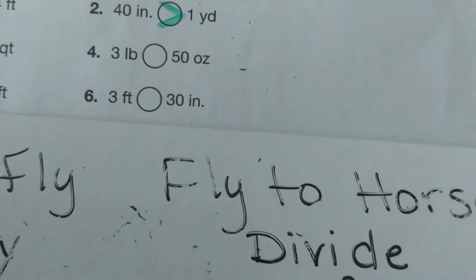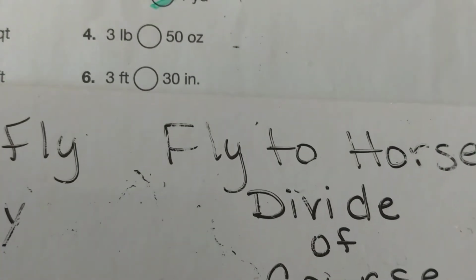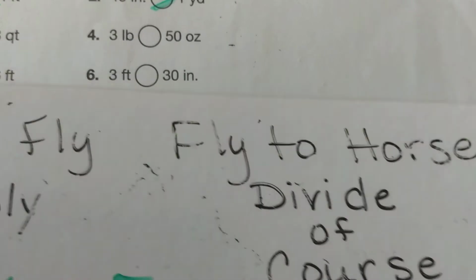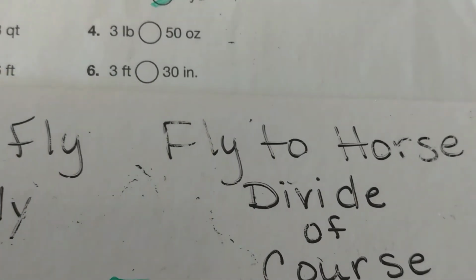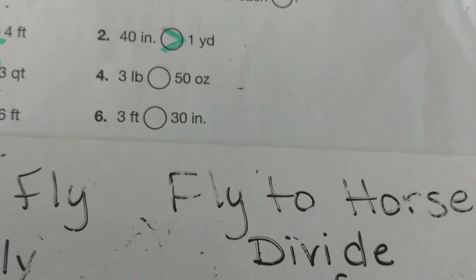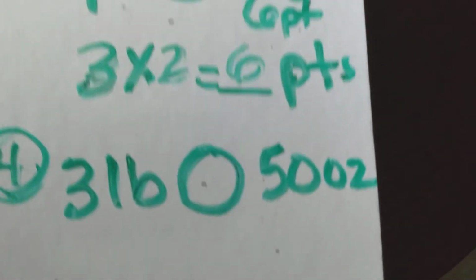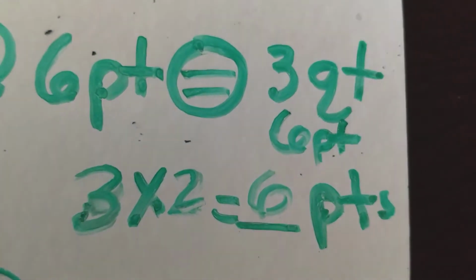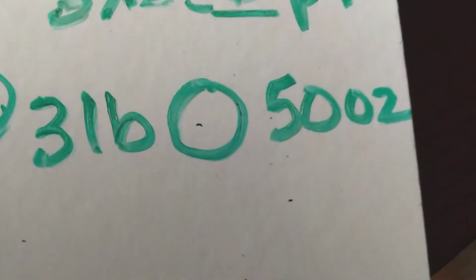My next will be number 4. Next problem is number 4, and that would be 3 pounds is greater than, less than, or equal to 50 ounces. Just looking at my problem here, this time we're going from horse to fly, right? We're going to multiply.